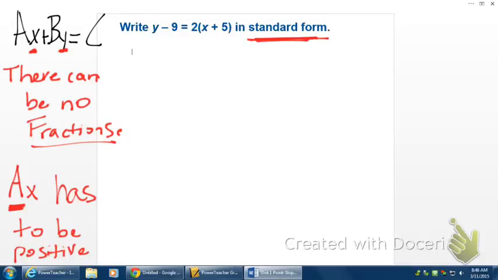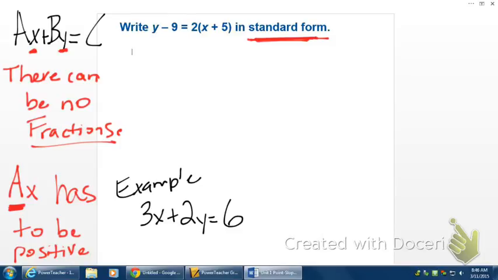Okay? So let me write an equation that's already in standard form. So don't worry about the example up there first. An example of standard form would be 3x plus 2y is equal to 6.